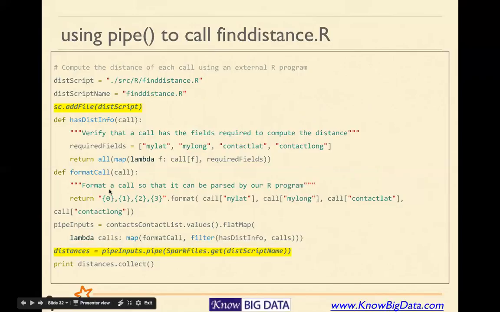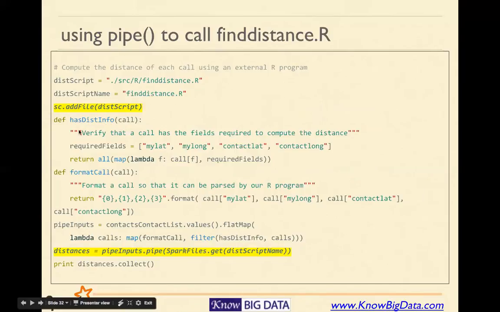Here we are, I'll tell you. We are first defining these two variables. This is the name of the program, this is the location of the program, and we are saying sc.addFile. What does it mean? It means when we run an action, it's going to send this file to all of the nodes.